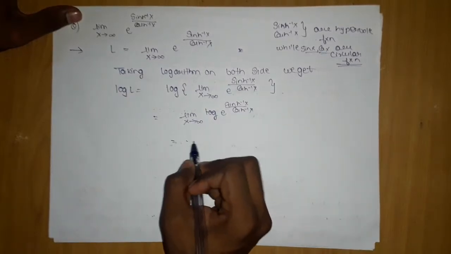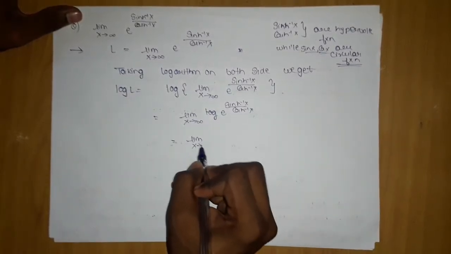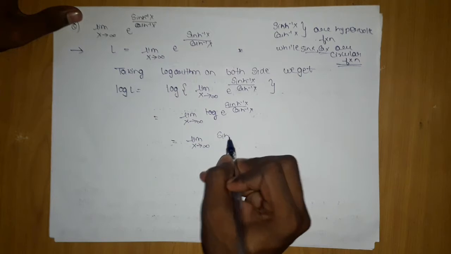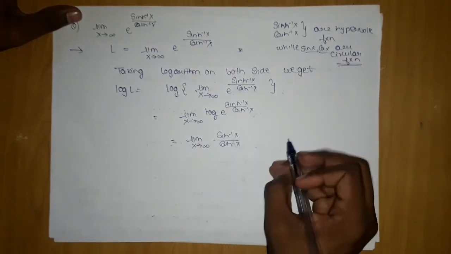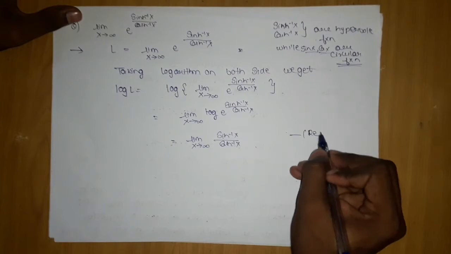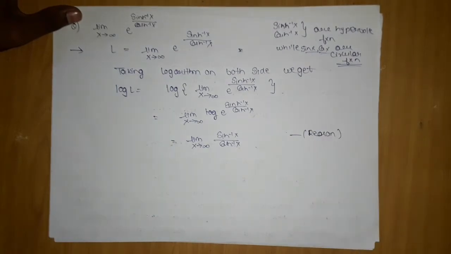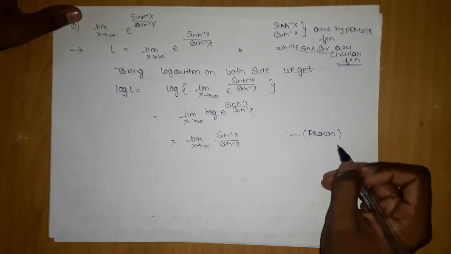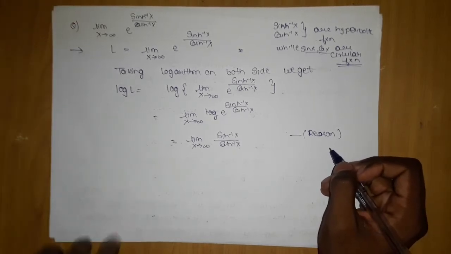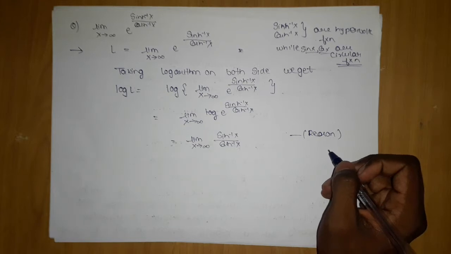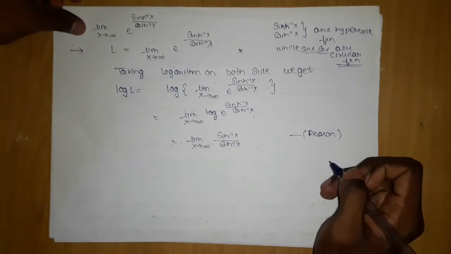In the next step, you will be left with limit x tends to infinity sin h inverse x and cos h inverse x. You know the reason: log e to the base e is 1, or anything with the same base in the log is equal to 1.